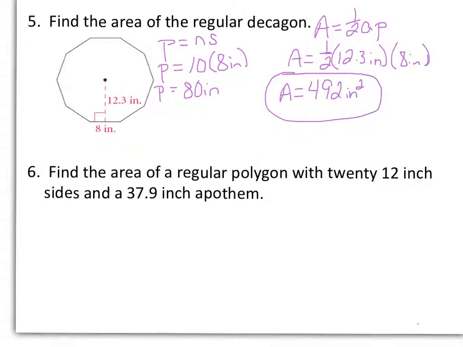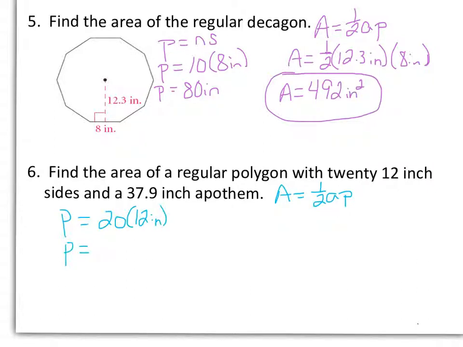In number 6, it says find the area of a regular polygon with 20 12-inch sides and a 37.9-inch apothem. Alright, so remember, area equals 1/2 apothem times perimeter. And let's first find our perimeter. So we have 20 12-inch sides, so 20 times 12 inches.